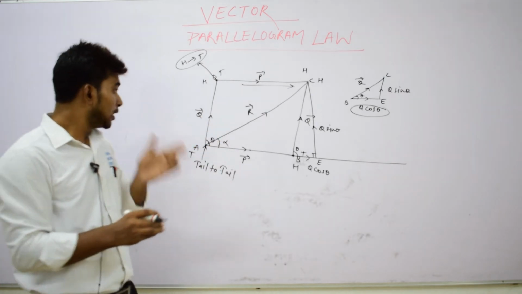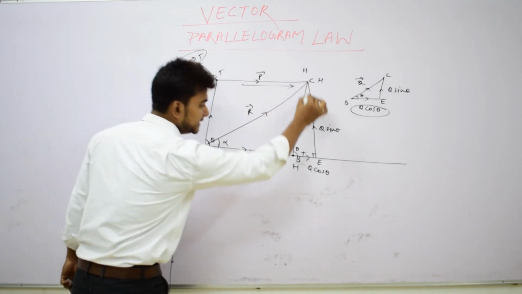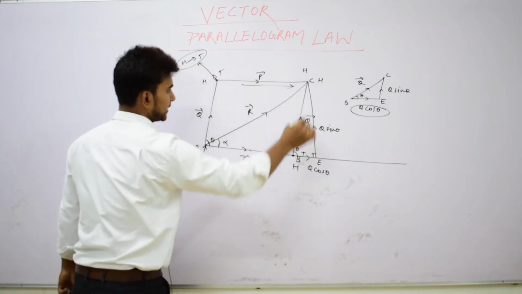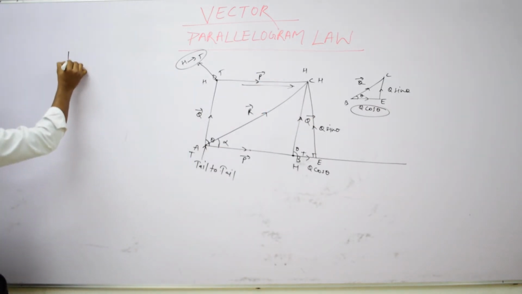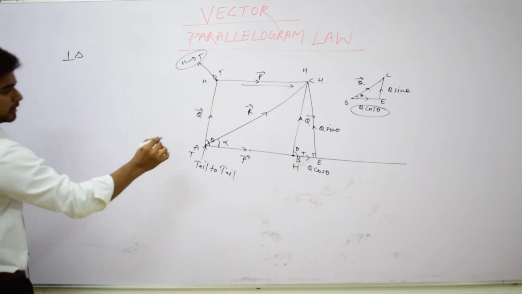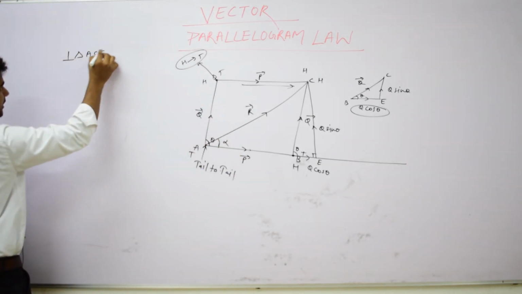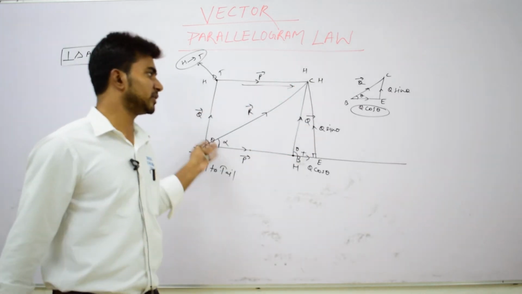Now just see the right angle triangle ACE, because this is the perpendicular line, so I am taking the whole triangle. Considering right angle triangle ACE, in this particular triangle we have to apply the Pythagoras theorem.